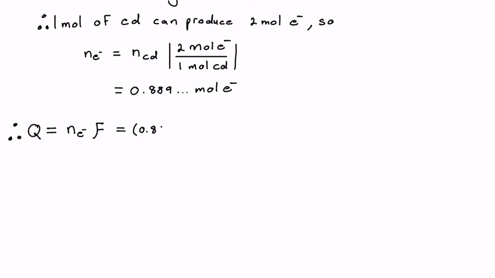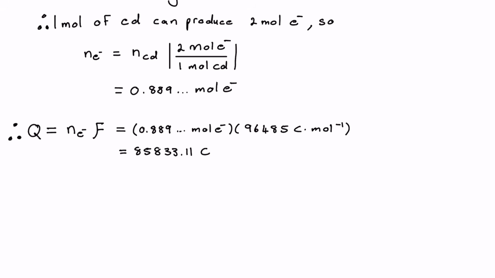So 0.889 mole electron times 96485 Coulomb per mole electron gives me a value of 85833.11 Coulomb.